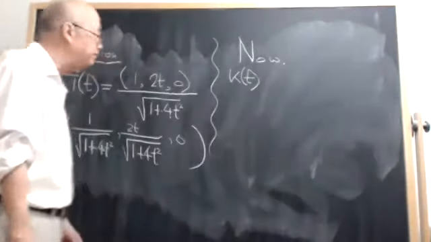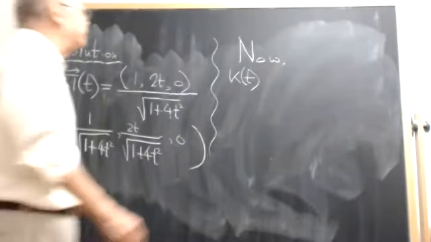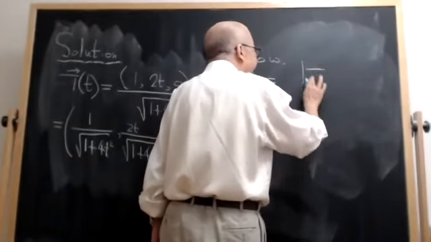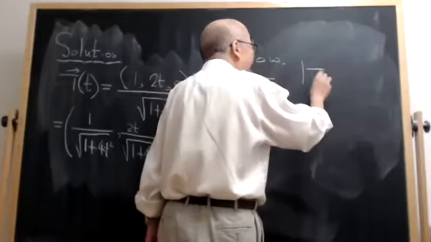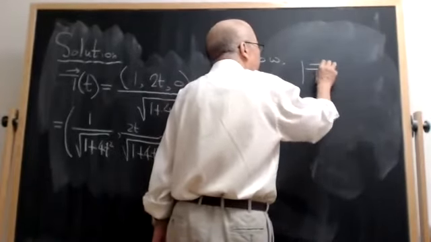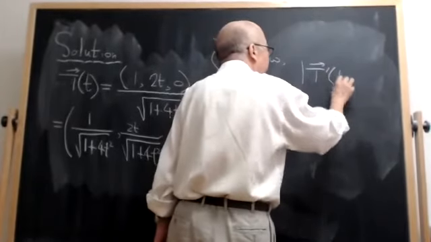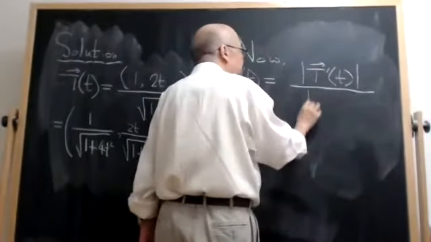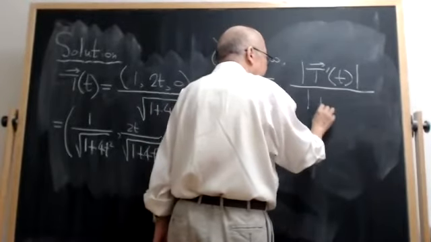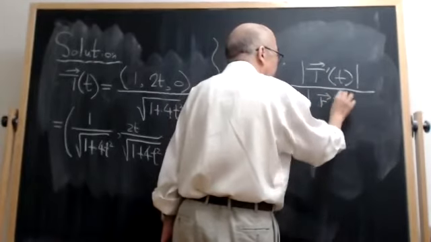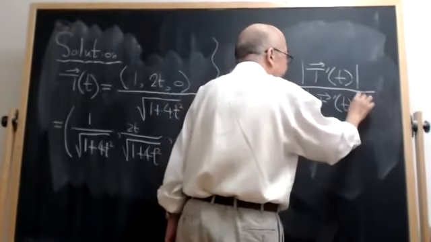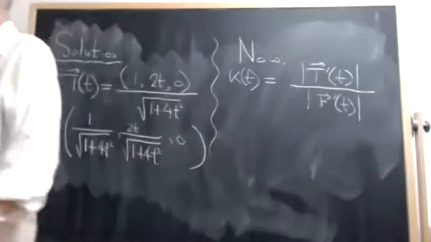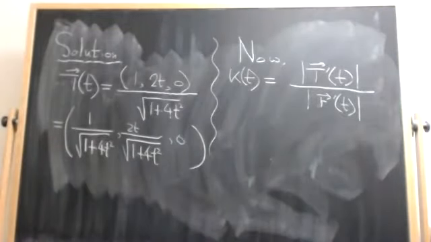So kappa of t is equal to the norm, or the magnitude, or the length of the derivative of the unit tangent vector over the length of the vector valued function, the length of the derivative of the vector valued function. Correct?